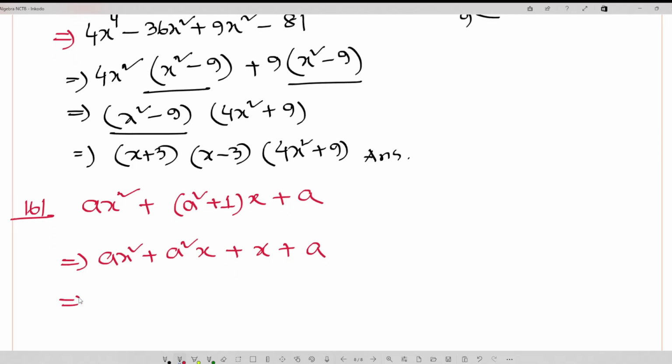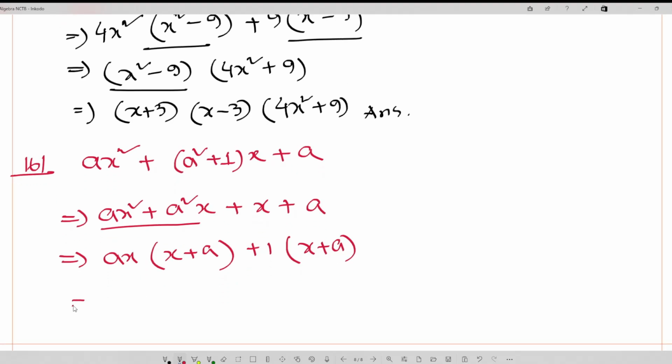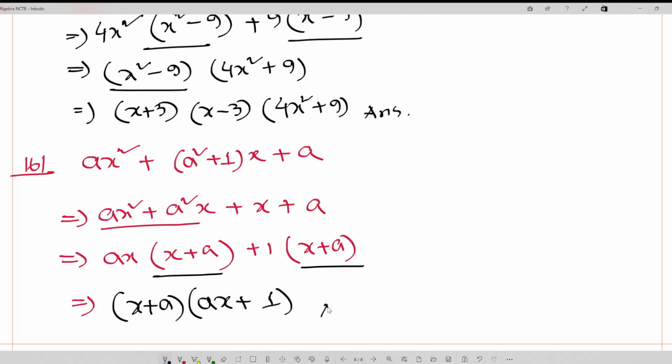Now from here we can take common ax, so here is ax and a square divided by a, here is a and x out. We can take common 1, so x plus a, right? Now look, here is ax plus a, so x plus a and ax plus 1, and this is our answer.